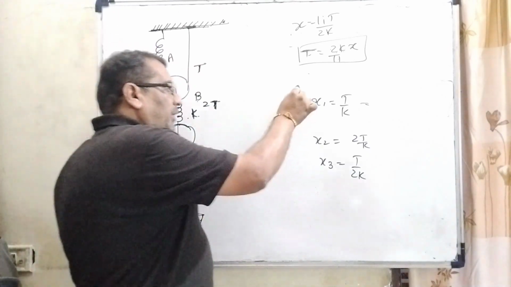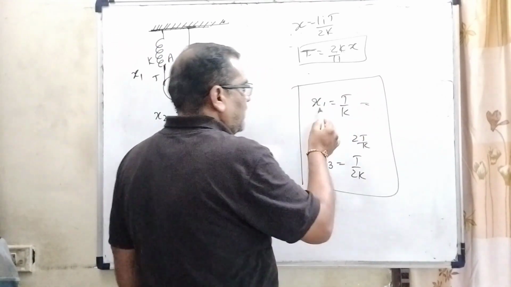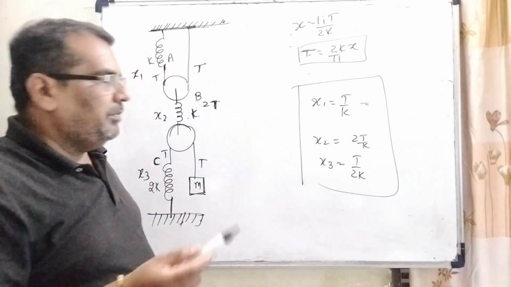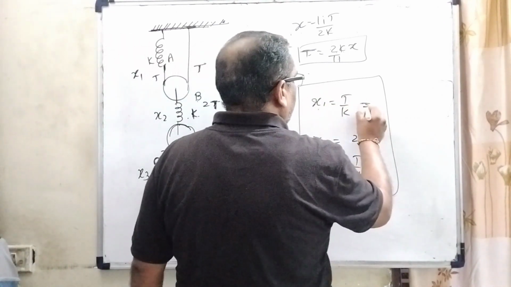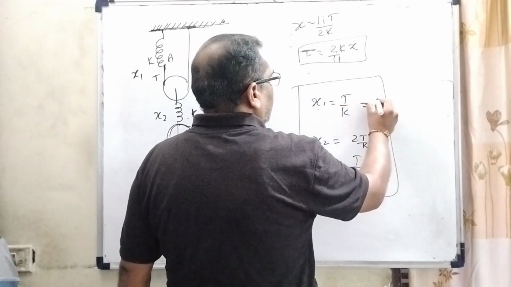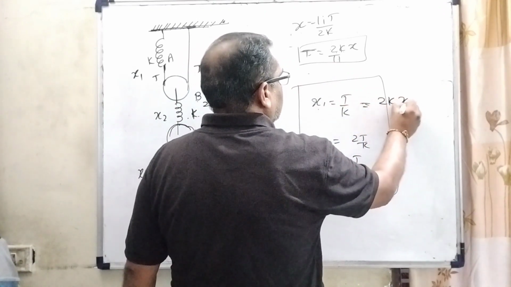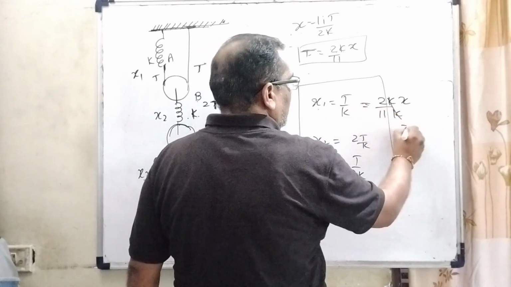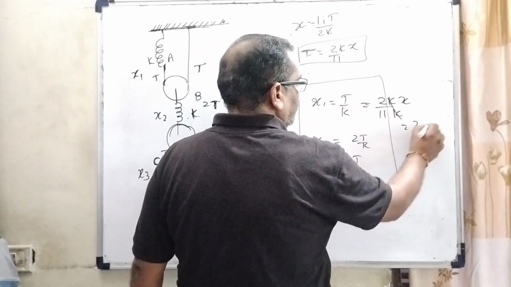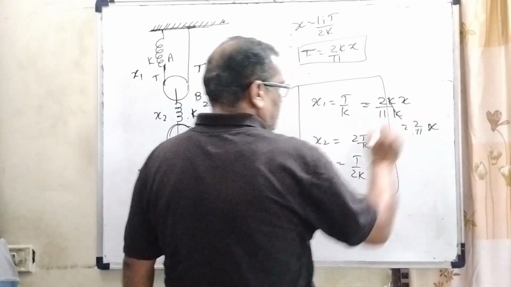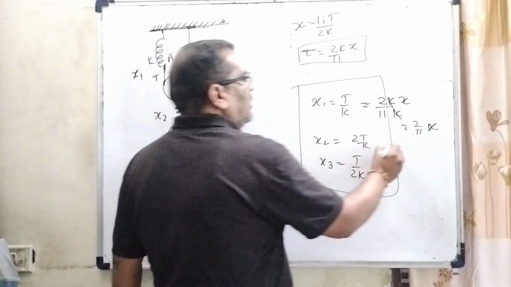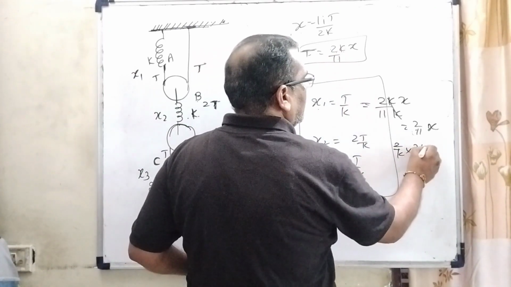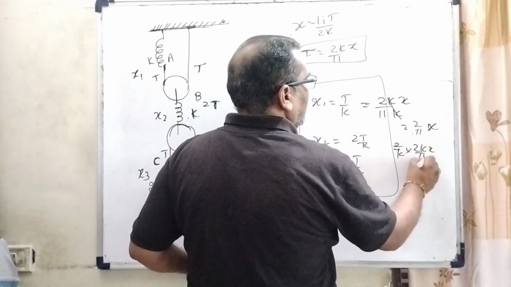We have already found x1, x2, x3 in the form of tension force in the previous part. Substituting 2kx by 11 into T by k, k cancels out, giving 2x by 11.